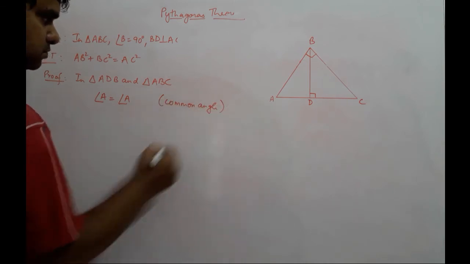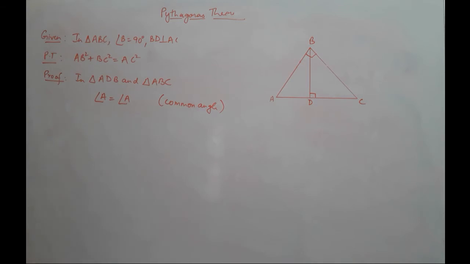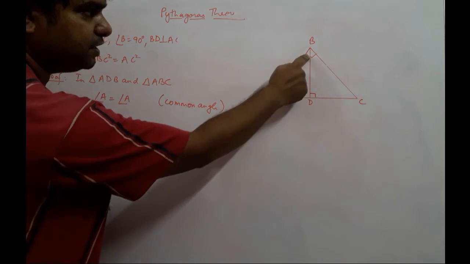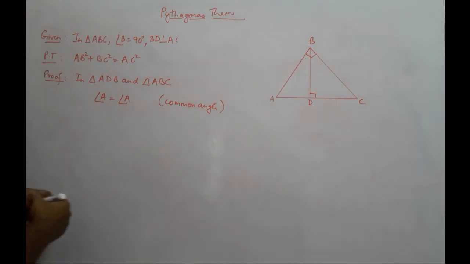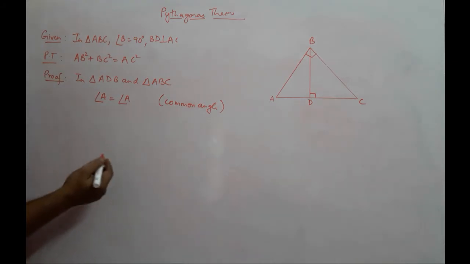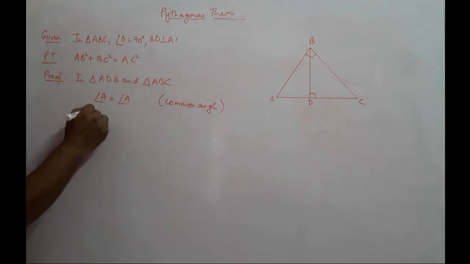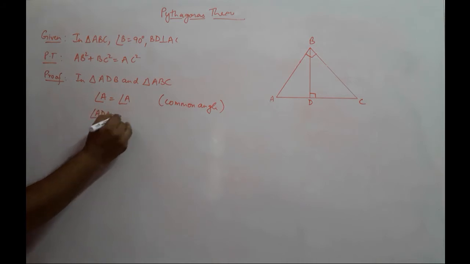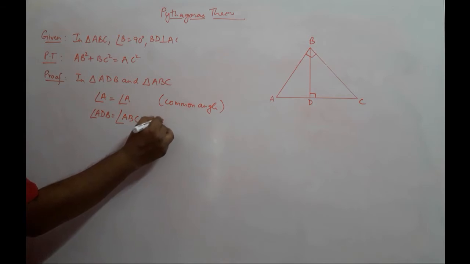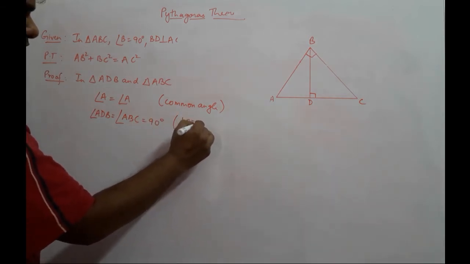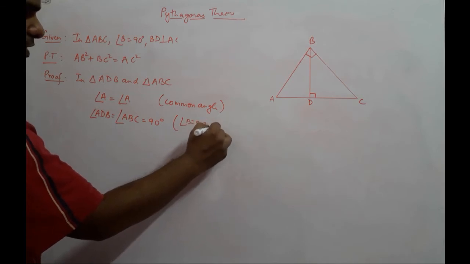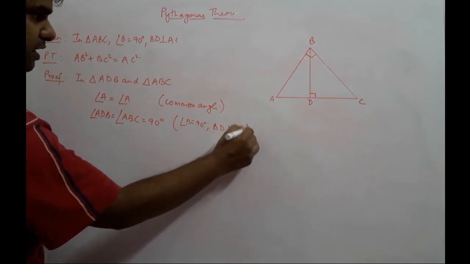Okay, what is the other thing that we see that is common to both of them? Angle ADB is 90 degrees and angle ABC is also 90 degrees. So both have another angle in common. So we'll say angle ADB is equal to angle ABC because both are equal to 90 degrees, and you can say angle B equal to 90 degrees and BD is perpendicular to AC.